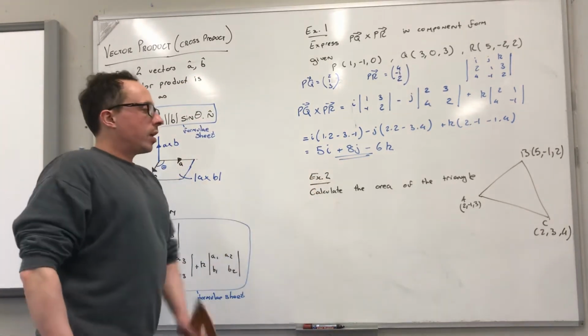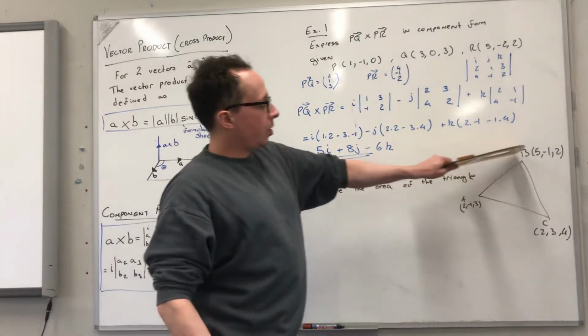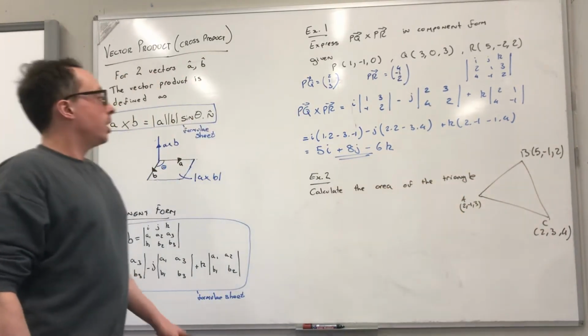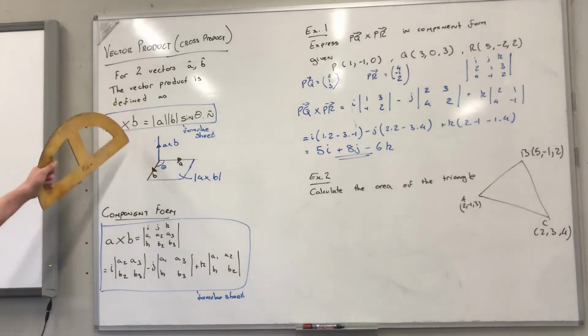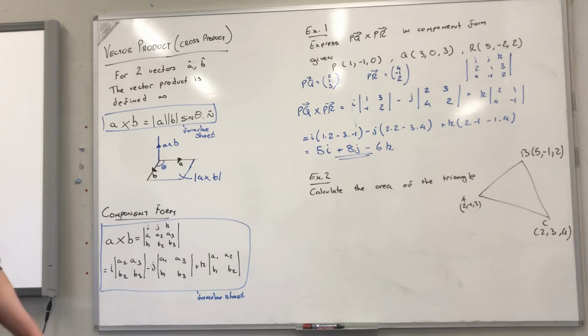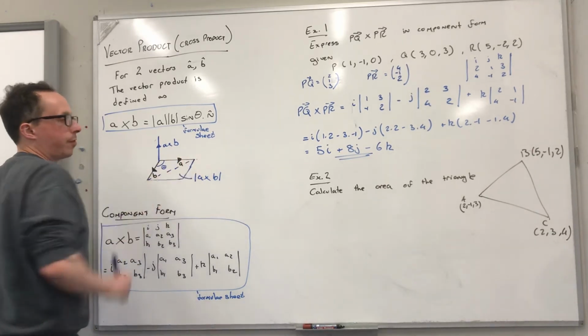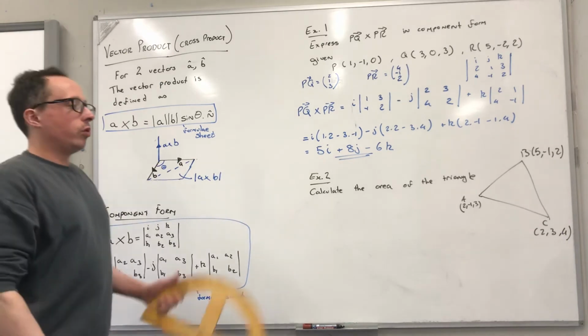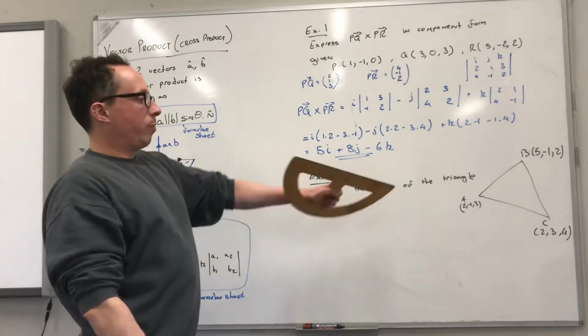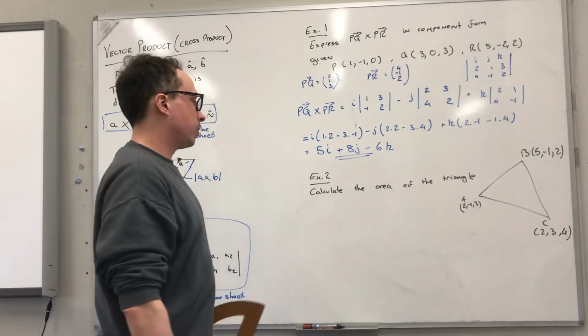So if we calculate the area of the triangle with these vertices, remembering that if we were to find the cross product, that gives us the area of the parallelogram, which we could then just half. So really all this is asking us to do is find the area of a parallelogram and half it. So find the cross product and then half it.